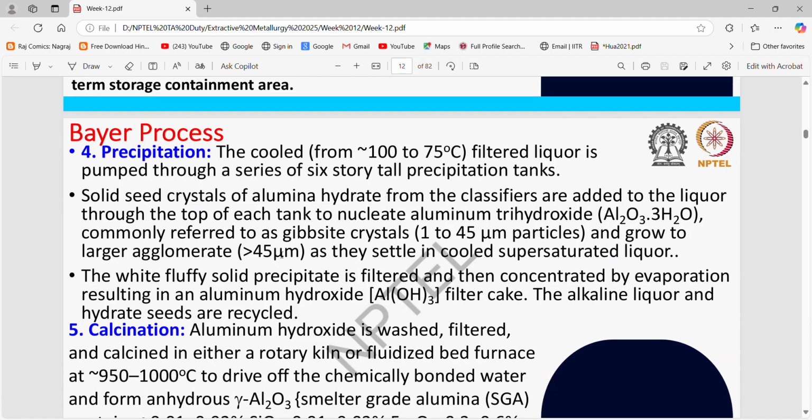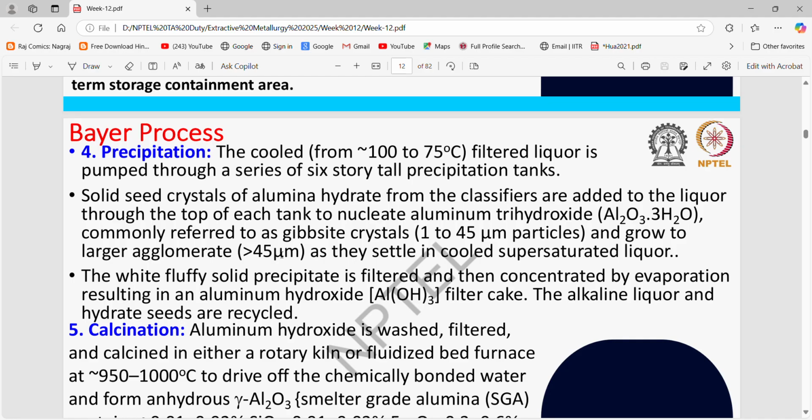Then coming to the fourth step, after getting the leach solution containing sodium aluminate, the leach solution is cooled down from 100 to 75 degrees Celsius. Then it is pumped through a series of 6-story tall precipitation tanks, and solid seed crystals of alumina hydrate from the classifiers are added to the liquor at the top of each tank to nucleate aluminium trihydroxide.